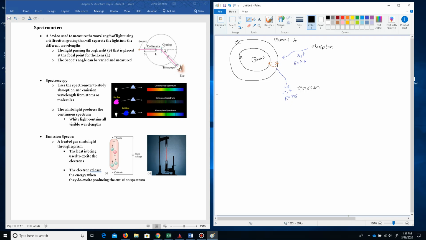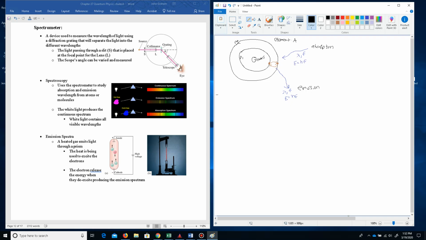And so for the emission spectrum, this is very similar to what we have in our lab. Maybe not exactly the same. It's more of a box, but the tube looks almost exactly the same. You have a gas in this equipment that is used to heat it by providing electricity, basically.